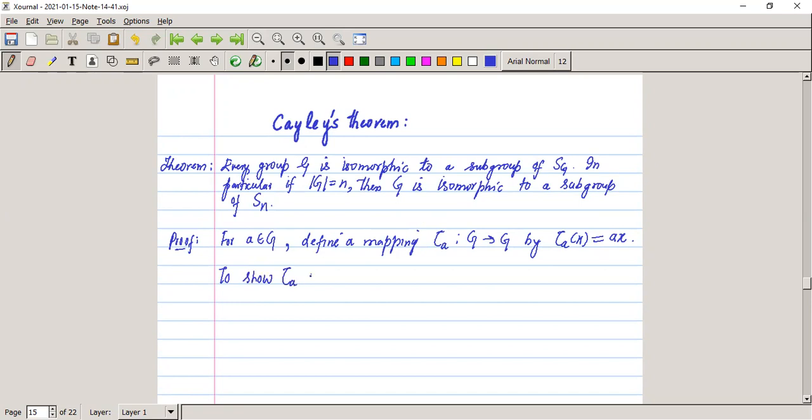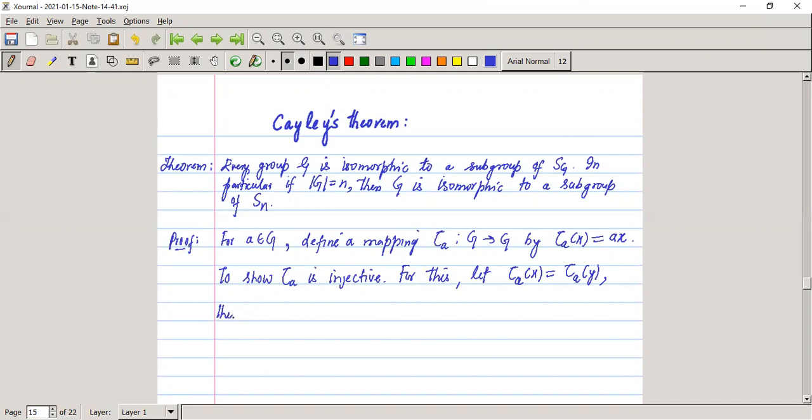Now, to show tau_a is injective, let tau_a of x be equal to tau_a of y.